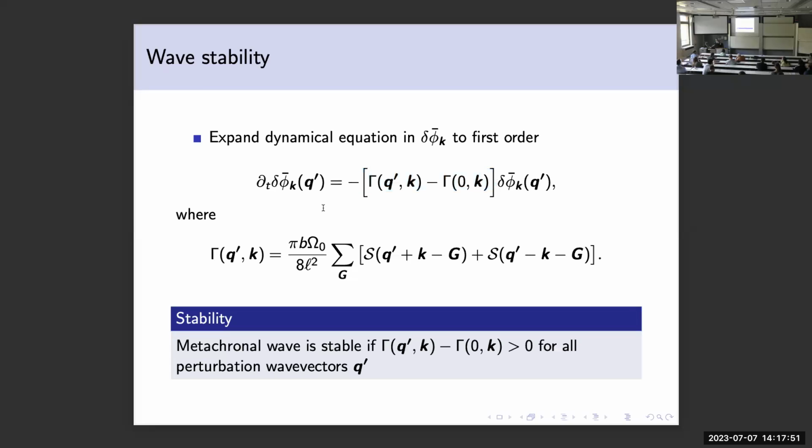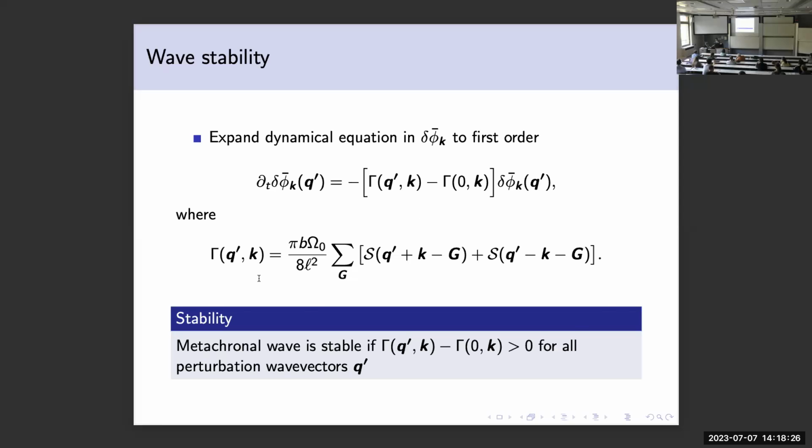So for a given wave vector k, if we want to know whether it is stable, we need this prefactor to be negative for all perturbation wave vectors Q prime. If this is negative for all Q prime, then the wave vector k is a stable metachronal wave. If there's any wave vector Q prime that makes this coefficient positive, then that perturbation will grow, and that means the wave vector k is not linearly stable.